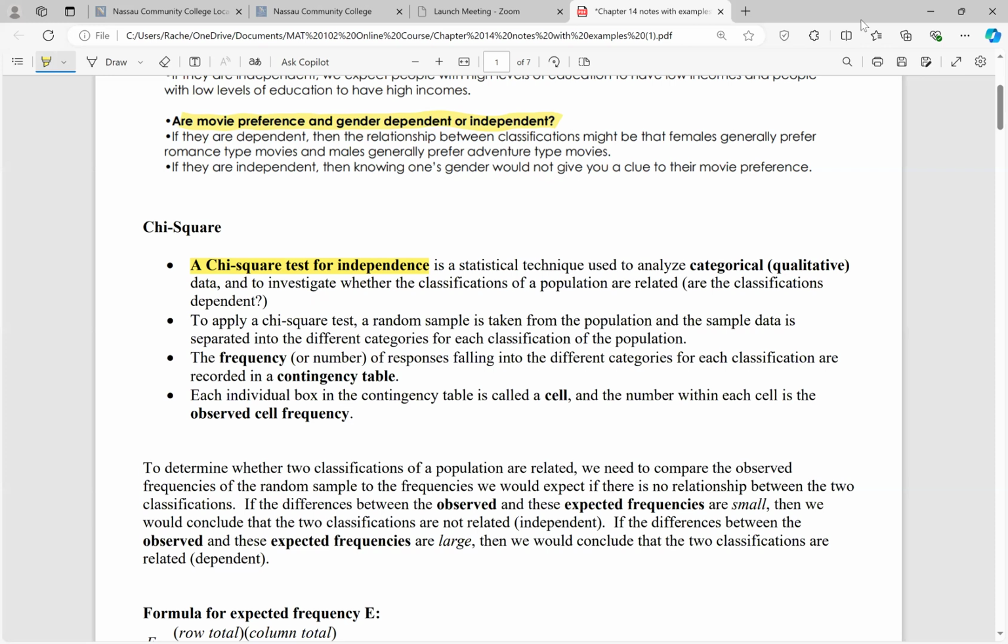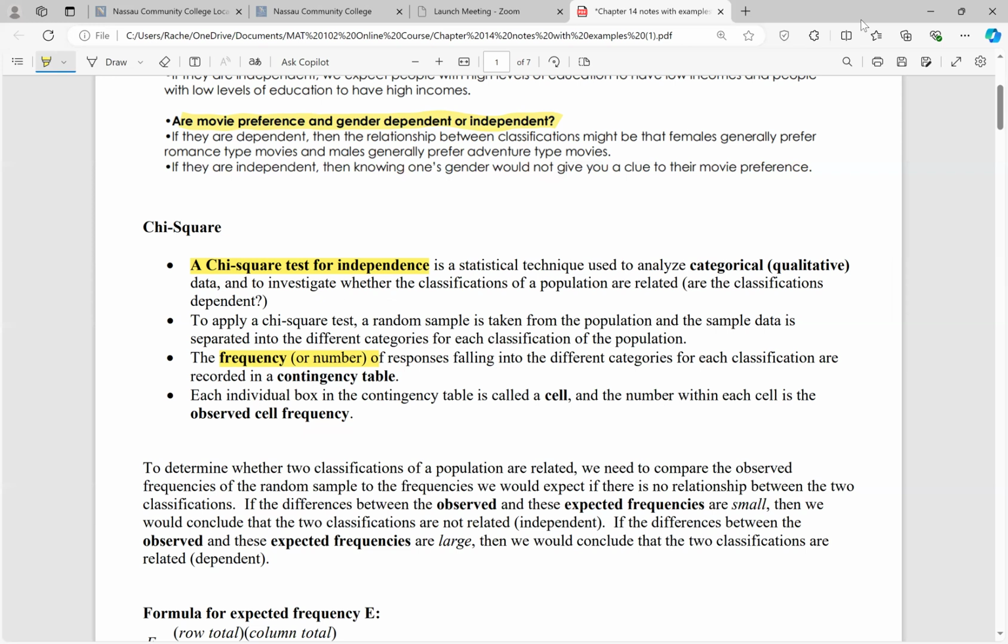So in order to apply a chi-square test, we're going to take a random sample from the population and we're going to separate the data into different categories for each classification of the population. So there's going to be frequencies or counts or numbers. So there's going to be frequencies of responses falling into the different categories for each classification.